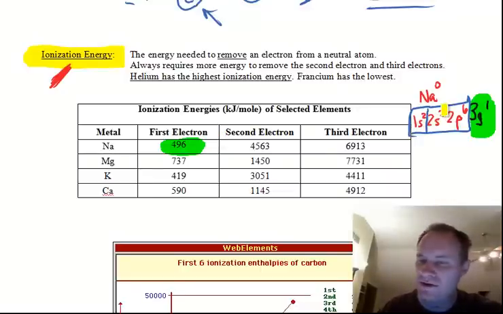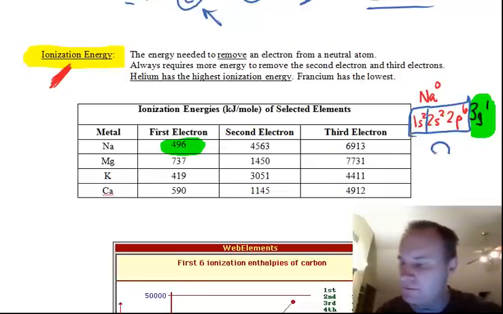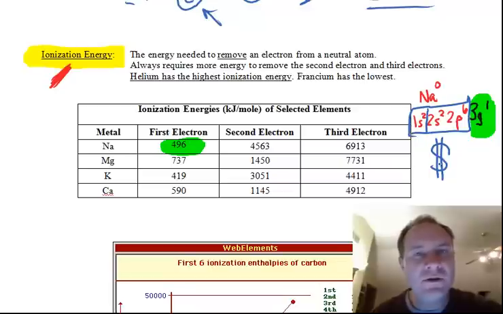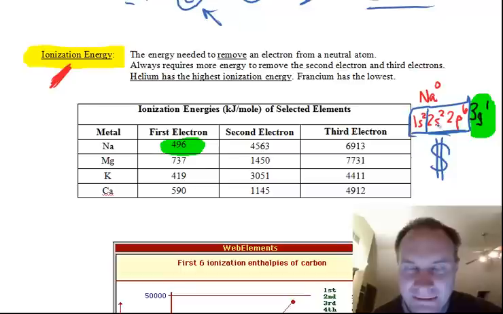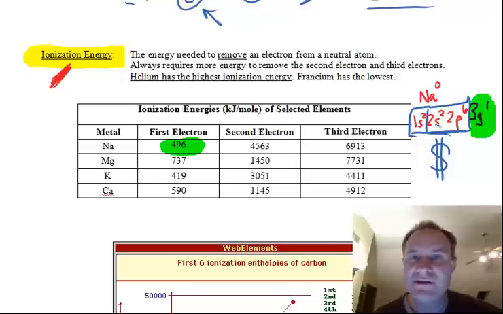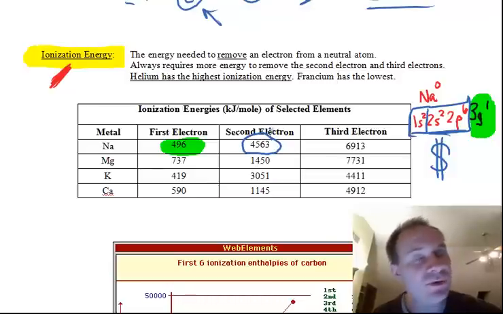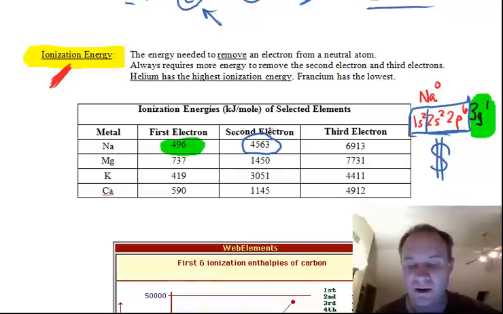If you want to, oh, don't do it. You don't want to do it, but if you have to, if you want to crack into this stable octet, if you want to disturb the 2s2, the 2p6, you better bring your wallet because it's going to be expensive. To pull the second electron will require almost 9 times the energy that it took to take out the first one.